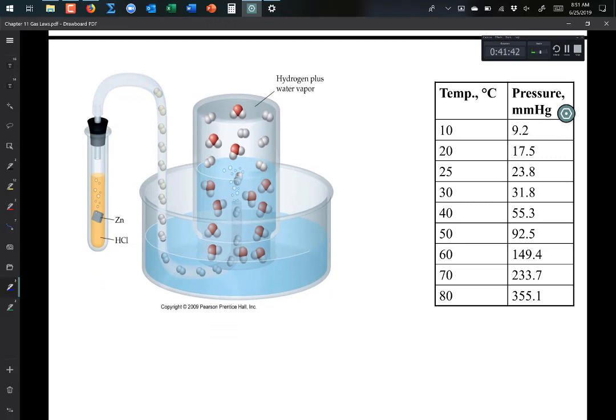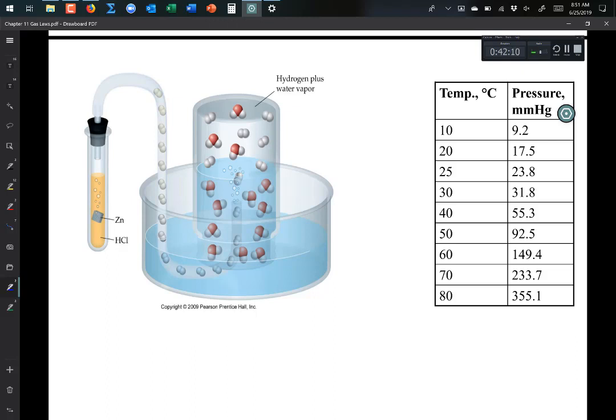This is what the collection device often looks like. We have a reaction on the left-hand side, zinc and hydrochloric acid. It produces hydrogen gas. The hydrogen gas is collected by inverting a bottle and running a tube up underneath it. And so as the hydrogen gas goes up into the bottle, the water level drops.